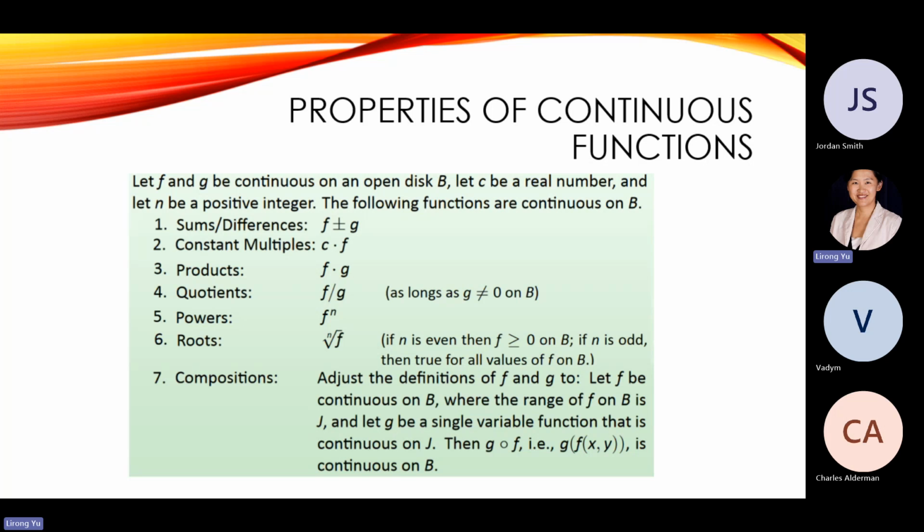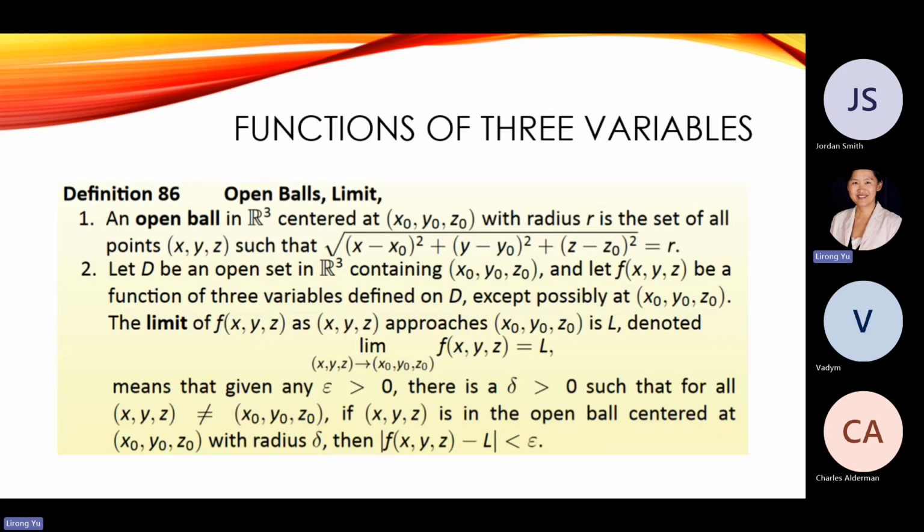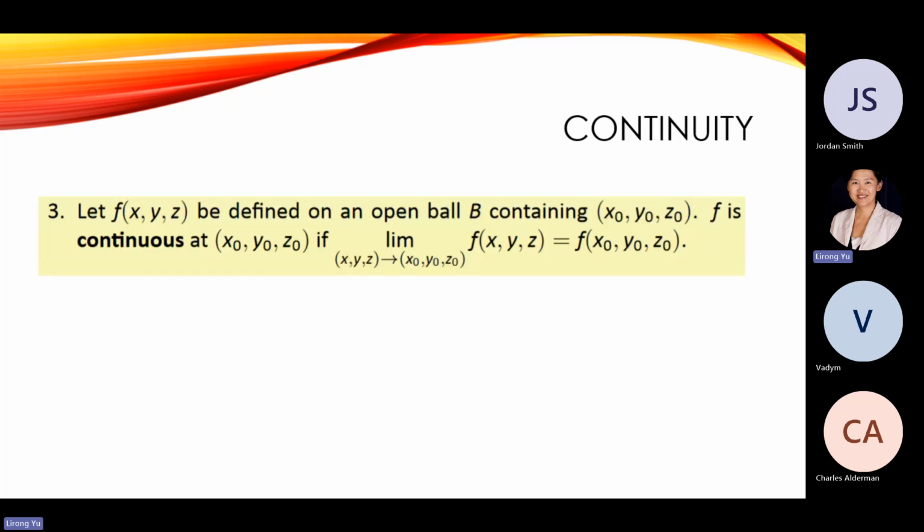Fourth, if both functions are continuous, the division is continuous, as long as the denominator is non-zero. And also continuity for power functions and root functions, all are well defined as long as the function itself is well defined. For compositions, it is a little more complicated and depends on whether the computation causes any domain issue. That should be most of it for the two variable case.